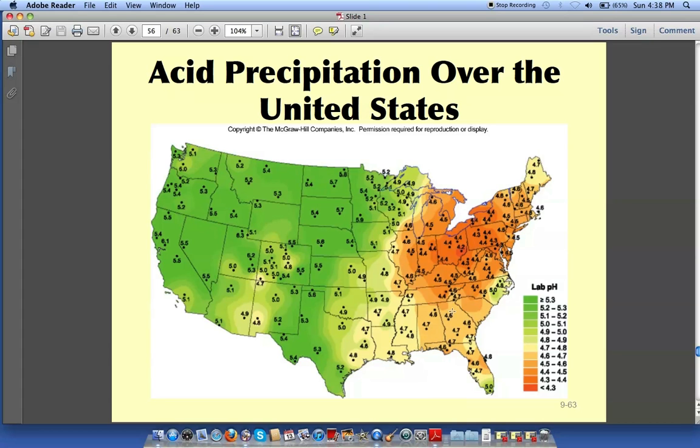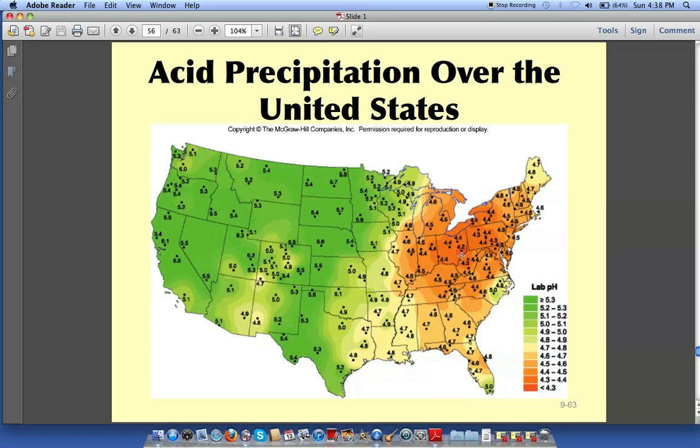The Blue Ridge Mountains, the tips of the mountains, are being bombarded by this acid rain, and basically the trees and all the flora and fauna are either dying or the fauna is leaving because they can't live in the acidic environment.